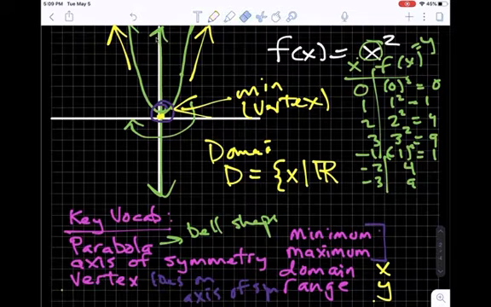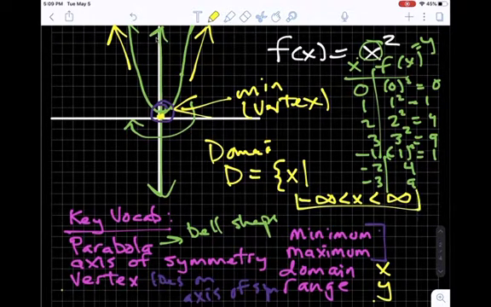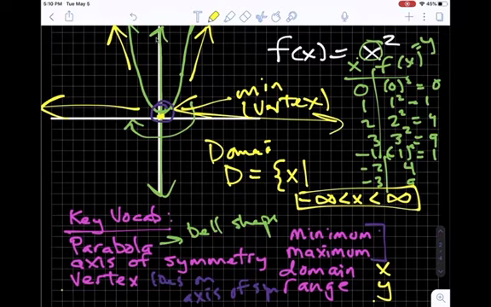Another way they'll write it, which you'll see in the book, is with a negative infinity sign and positive infinity. This is a way of saying the domain is infinite. The x values go all the way this way and all the way this way.